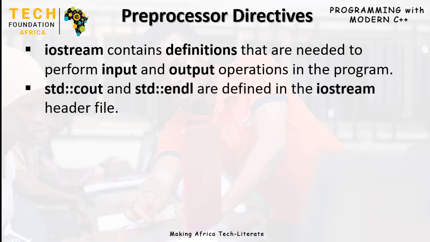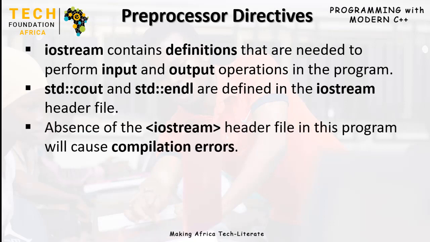Things like std::cout and std::endl, among many other things, are defined in the iostream header file. This means that if we don't include the iostream library but then end up using std::endl and std::cout, we are going to have compile time errors because the compiler will not know where to find those definitions.